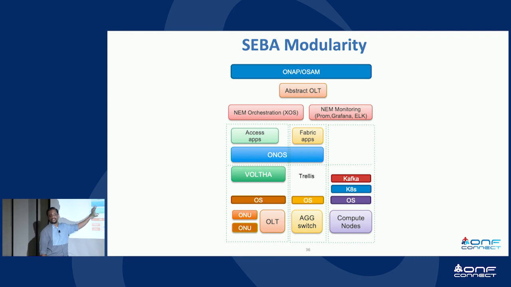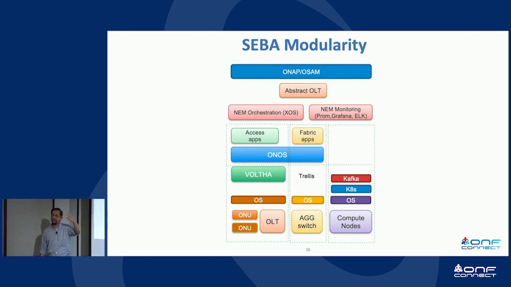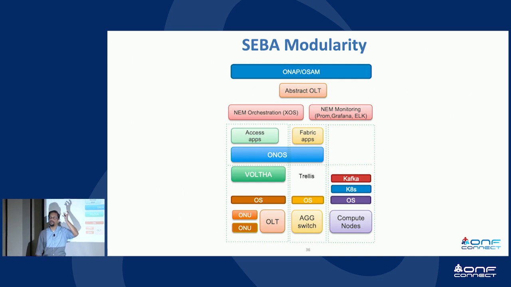So if you want to switch out, say, ONOS from a SEBA pod and put in a different SDN controller, you have to ensure that the applications that are running on top of it are also ported onto that particular controller and its APIs.